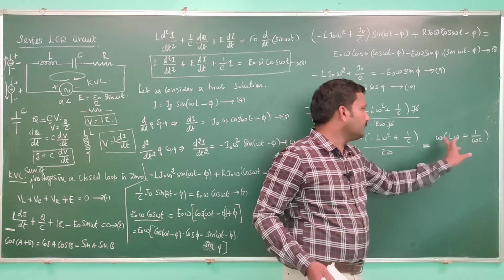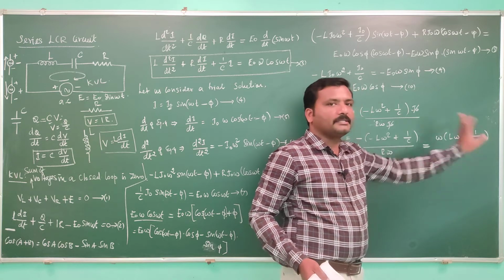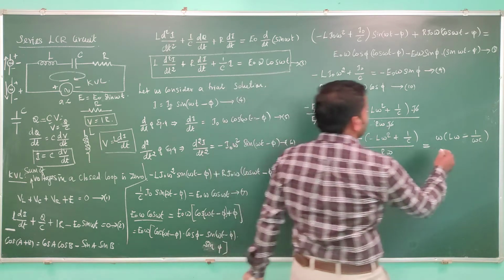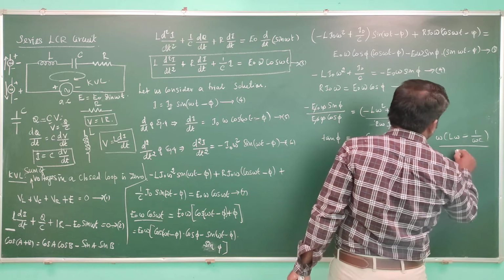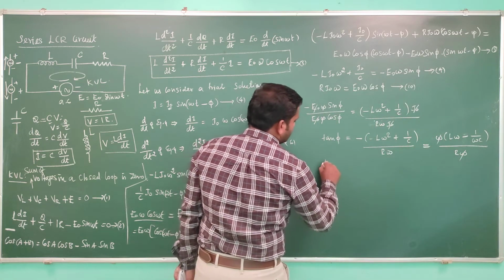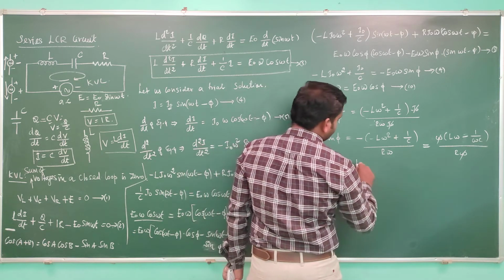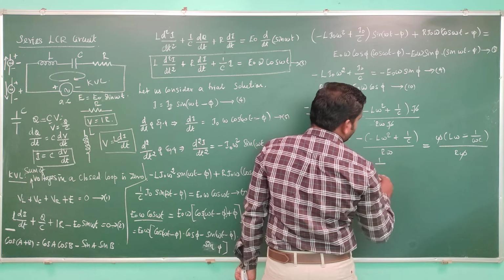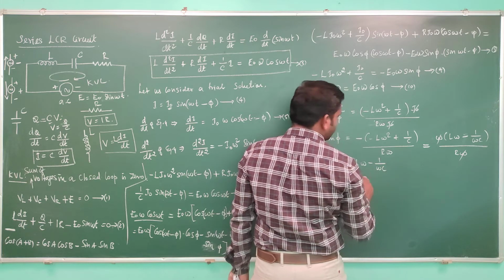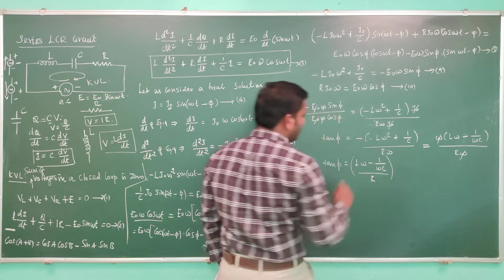If you bring this inside, L omega square, here 1 by C, right? This is okay, and divided by r omega, so omega will cancel, so that tan phi is equal to L omega minus 1 by omega C divided by r.